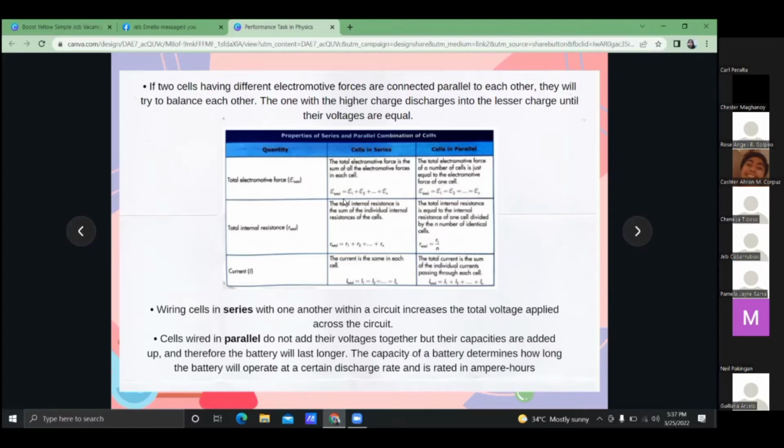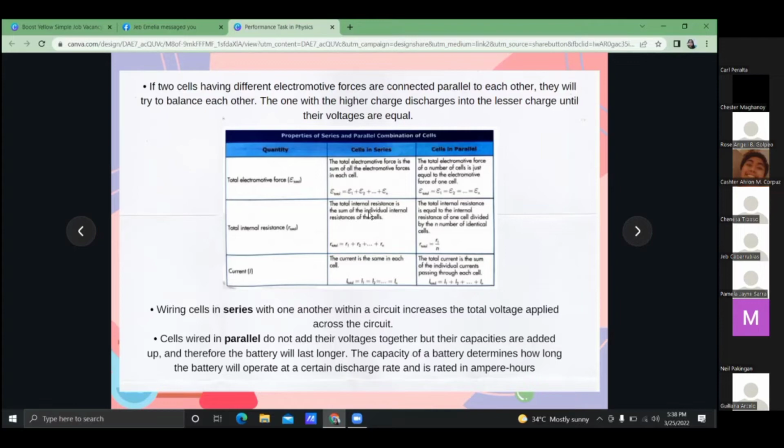So E total is equal to E sub 1 plus E sub 2 plus so on and so forth. And if the cells are in parallel, then E total is equal to E sub 1 equals E sub 2 equals so on and so forth.